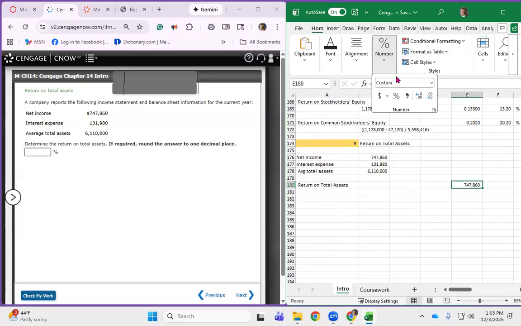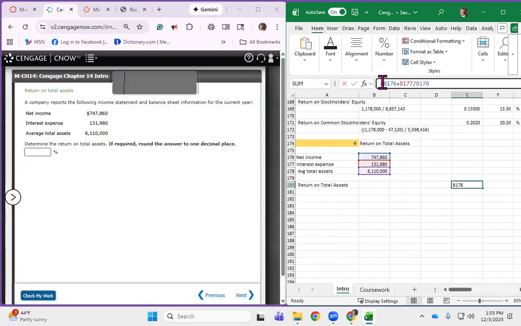Something's not right. Just a second. Okay, let me go back and do that. It should be a decimal. If you don't do your parentheses where they go, it won't come out right. Okay, there we go. There is our decimal.